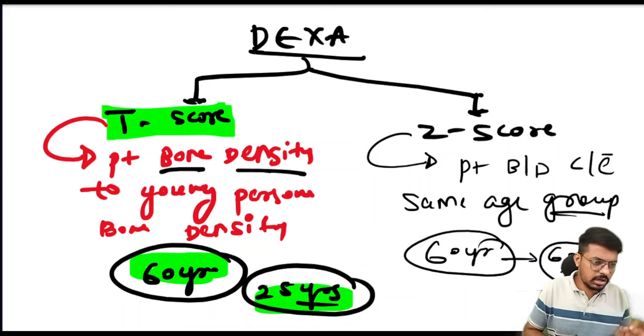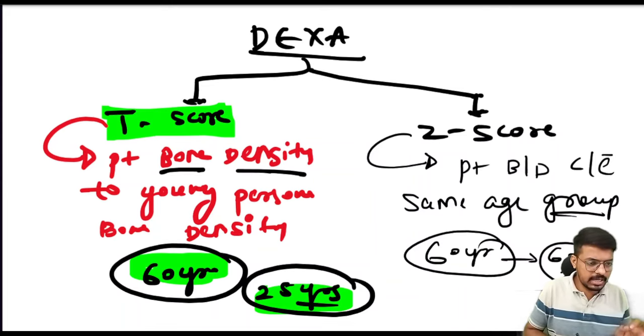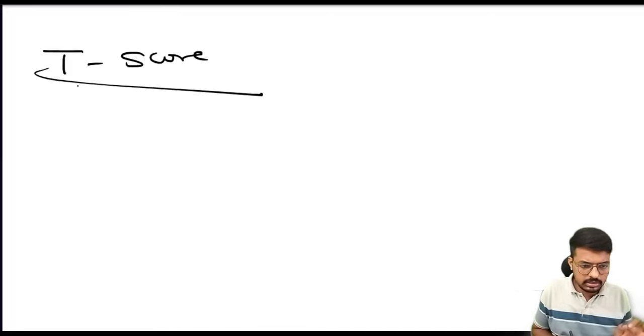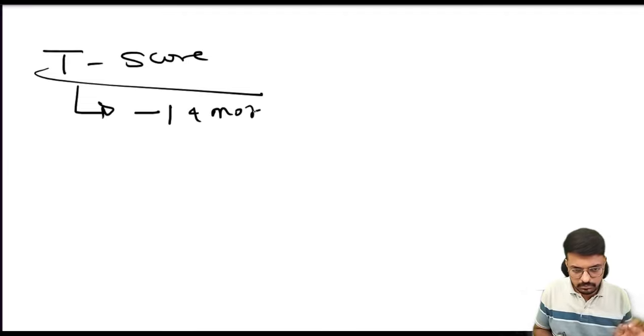The interpretation of the DEXA scan is very important, and you have to remember it from the T score only. In the T score, a value of -1 and more indicates normal bone density.